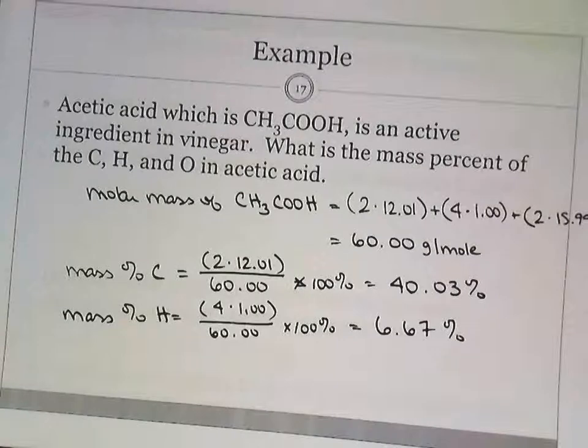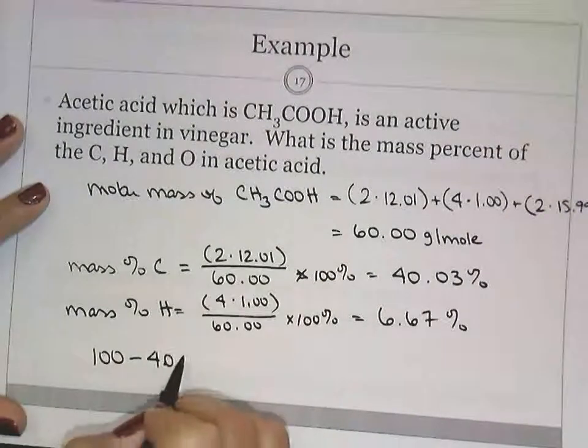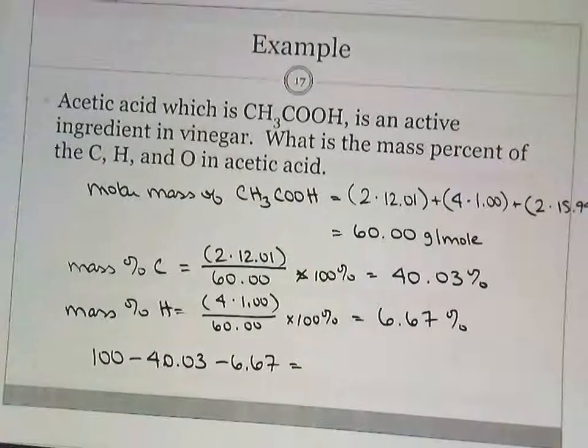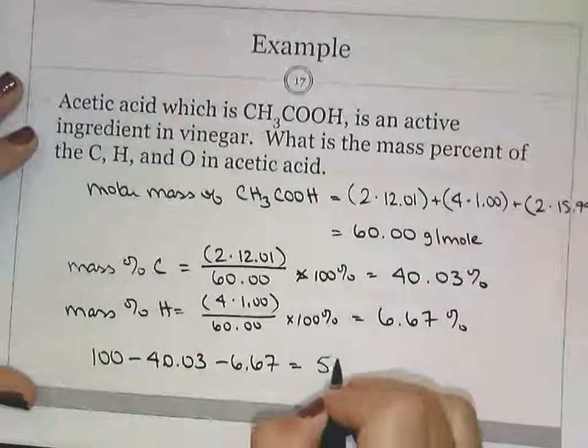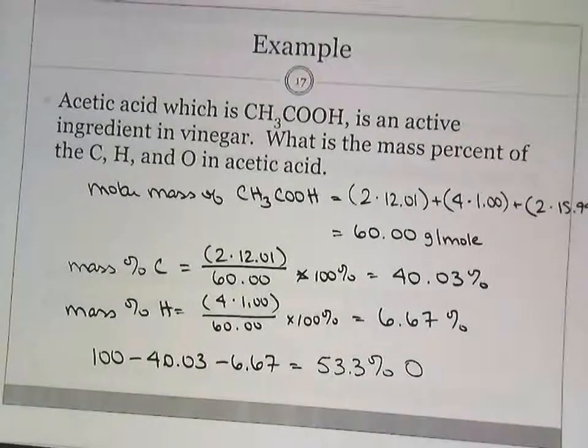I could do that again, or subtract from 100. What is that? 100 minus 40 minus 6.67. Good? Feel good about that?